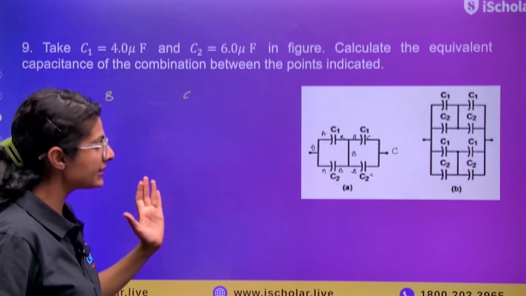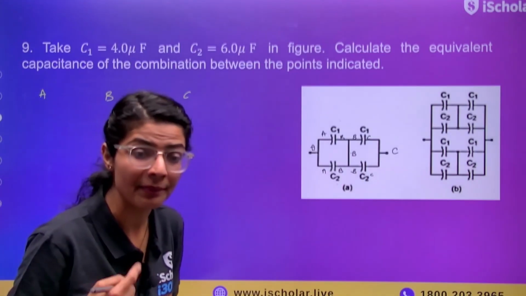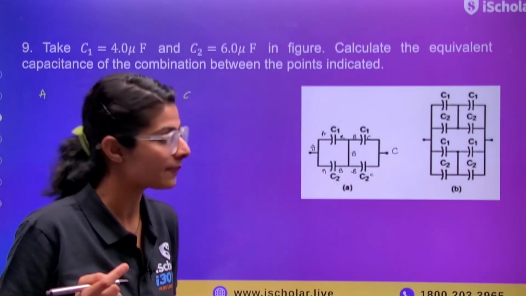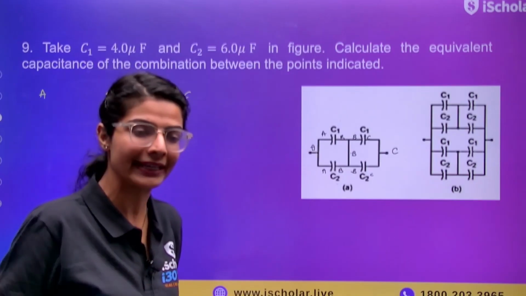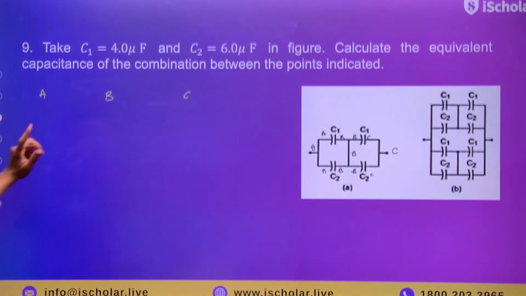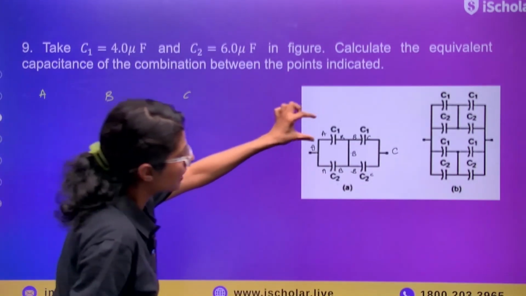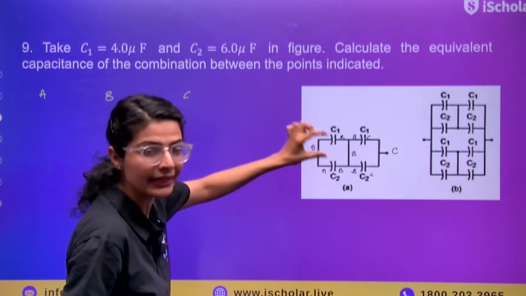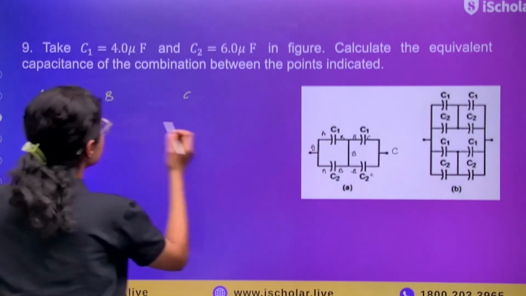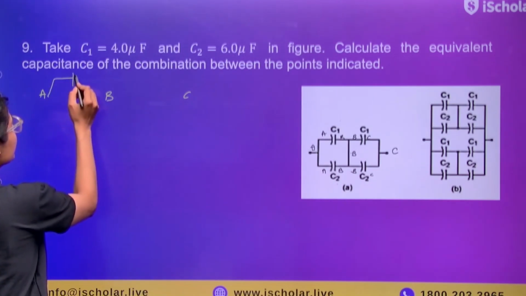Although this question is simpler, the technique I'm telling you will be used in all the further complicated questions also. So these three capacitors, now tell me the capacitors between A and B. The first one, I'll write it as C1.